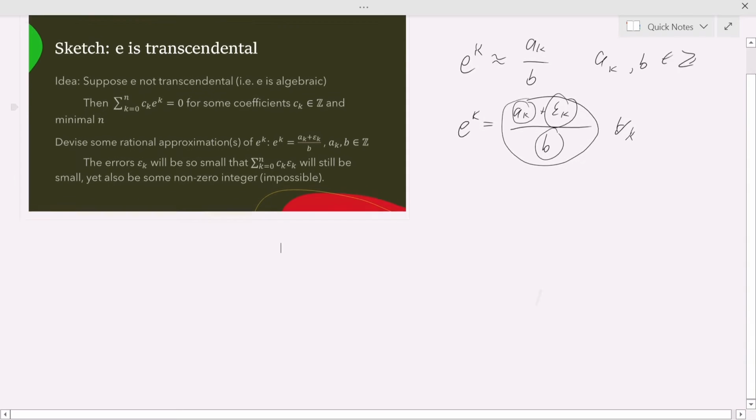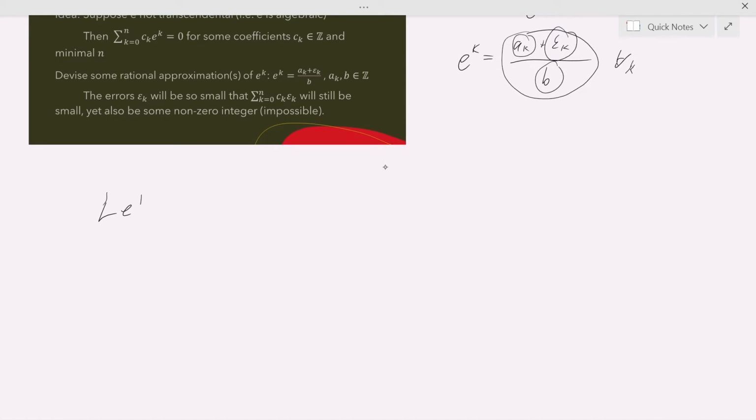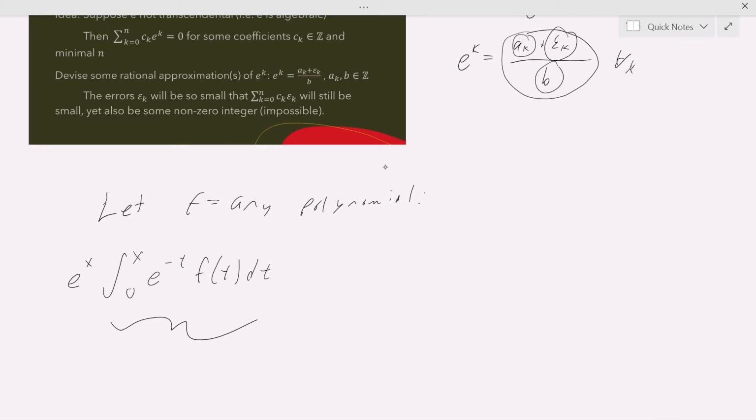The way that we're going to do that is we're going to make use of the following identity for polynomials. Let f be any polynomial, and then the following equation is true. We'll have e to the power x times the integral from 0 to x of e to the minus t times f of t dt. Now this is the integral that appeared from the prerequisite facts, so that'll become relevant in a moment.